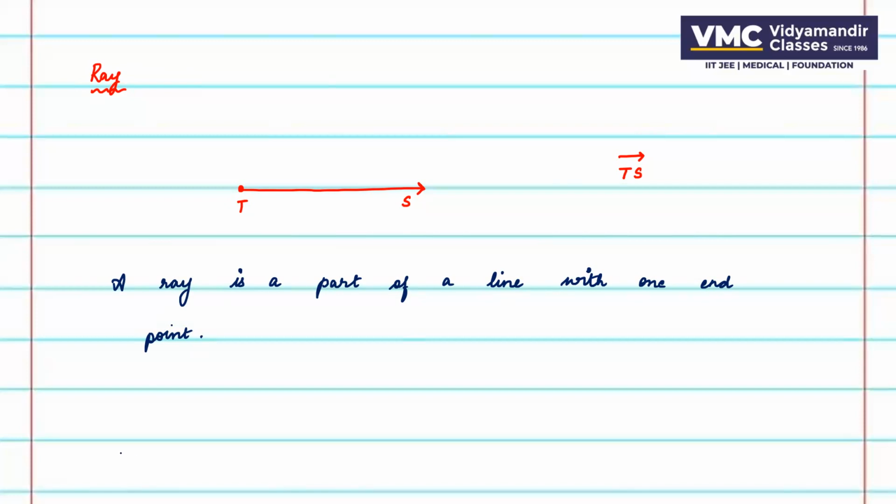Next, we come to the next term of the chapter's name, that is angles. When two rays originate from a common endpoint, an angle is formed, right?